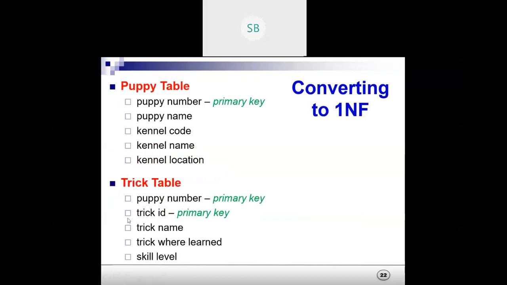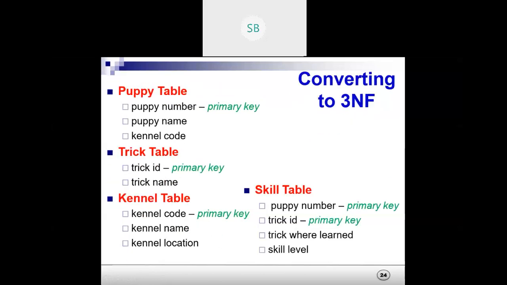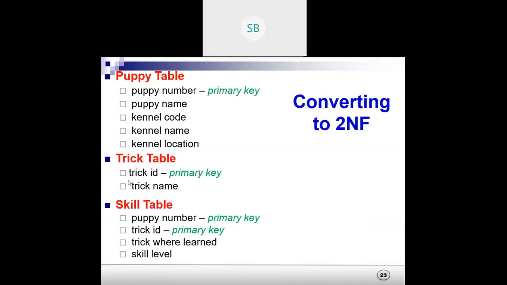Trick name is dependent on trick ID, but it is not dependent on the puppy number, so it is partially dependent, and that should not be allowed in second NF. But here you have the skill table, which is obviously related, because it says which puppy has trick where learned and skill level. So all this is converted into second NF, and then third NF. We have already divided it.